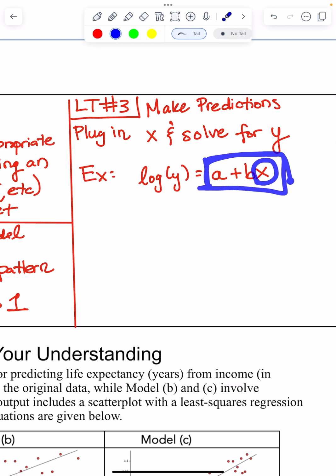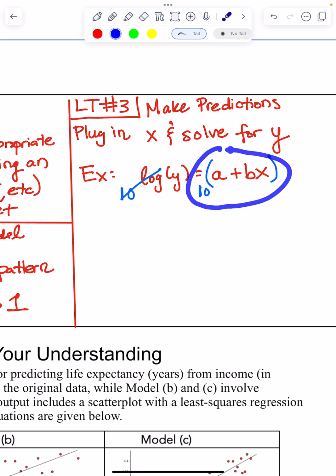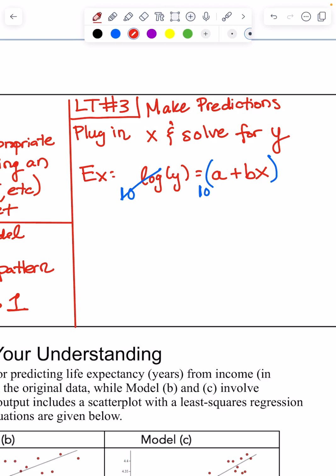But whatever that number is, it's not your final answer, because we still need to undo this log. So the way to undo the log is to raise both sides to a base of 10. That undoes this log. And then in your calculator, you put 10 to the power of a plus bx, whatever that number is. And that's your actual predicted y value.